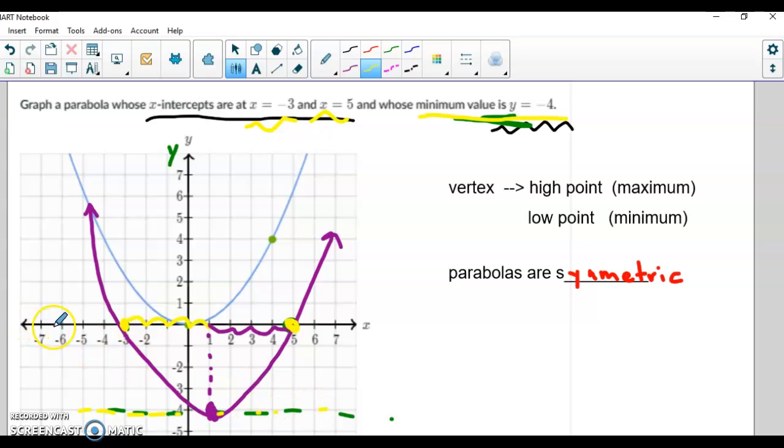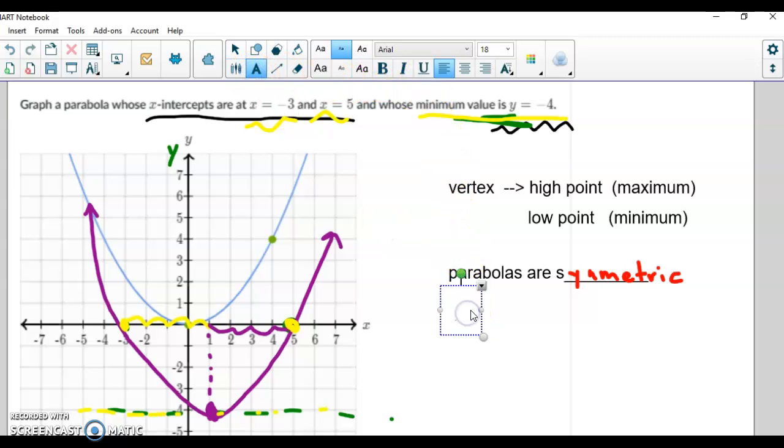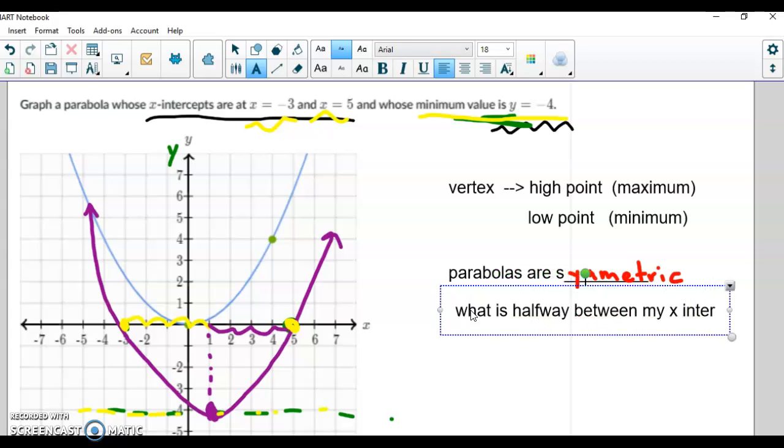No matter where, if you're driving a car, you're at -4 if you're down here, okay? Because that's the height of your car. It might go up, it might go down, but if it's at -4, that's the lowest it's going to be. And then you want to find the halfway point. So to find that one, we asked ourselves, what is halfway between my x-intercepts?